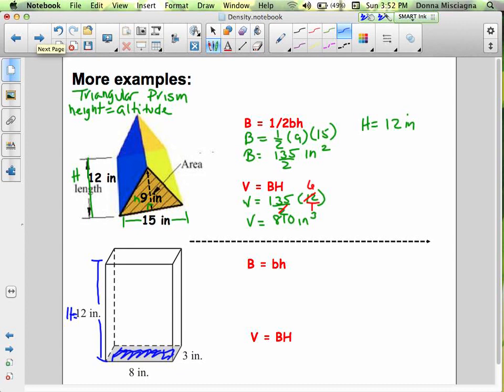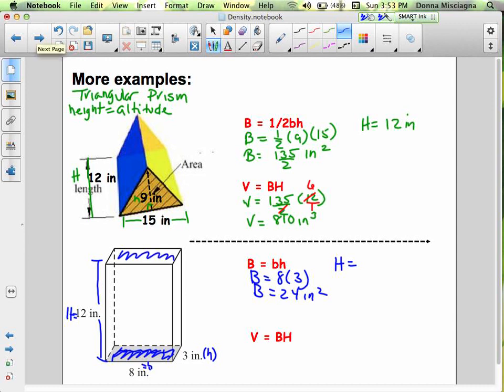So little b and little h, the dimensions used to figure out the area of the base, are going to be the 8 inches and the 3 inches. So the area of the base is just 8 times 3, or 24 inches squared. The height of the prism is the distance between the top and the bottom.